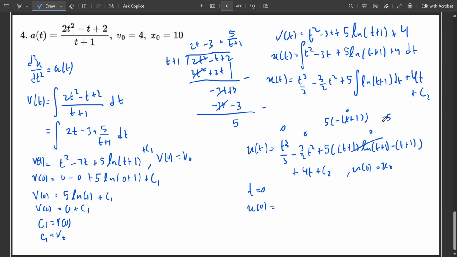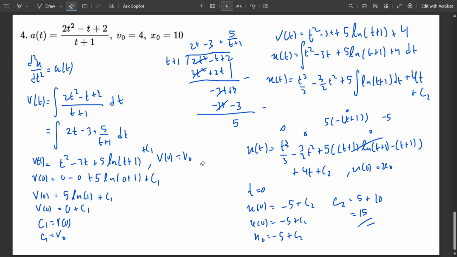So we have negative 5 plus 4 times 0, which is 0. So negative 5 plus c2. So x of 0 equals negative 5 plus c2, so x initial equals negative 5 plus c2. So c2 is just 5 plus x initial, which is 10. So it's 15. Okay, nice.